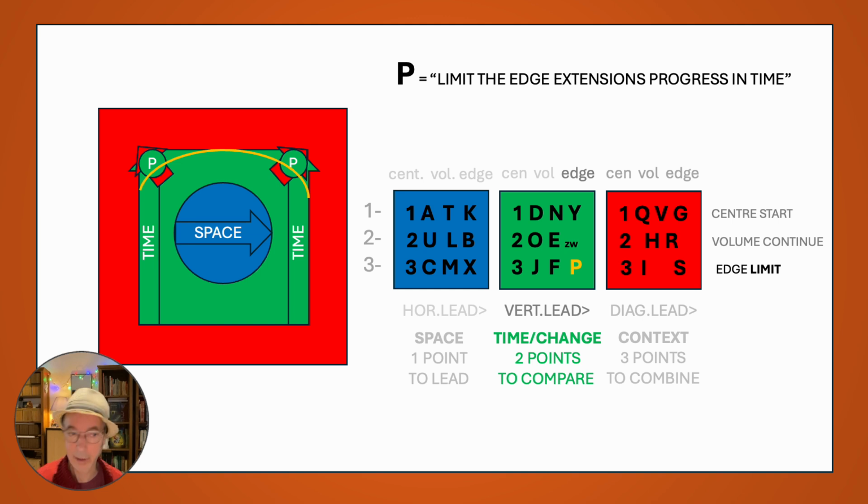Together I can present them as that bow that presses towards its borders to get the maximum out of its process in time. That's the end of a process in time. That's the P. And I, of course, need to limit all of its extensions and progress, so that I can make a definition.